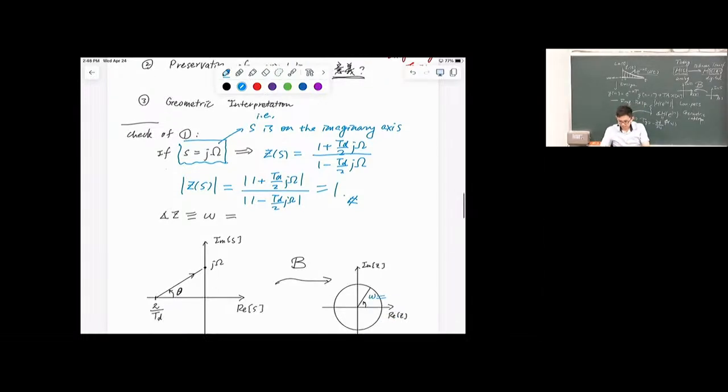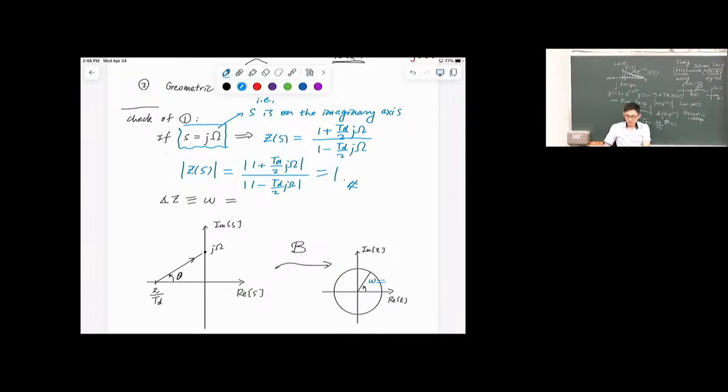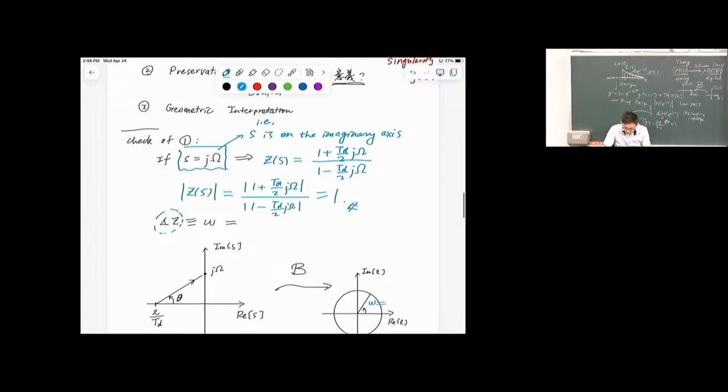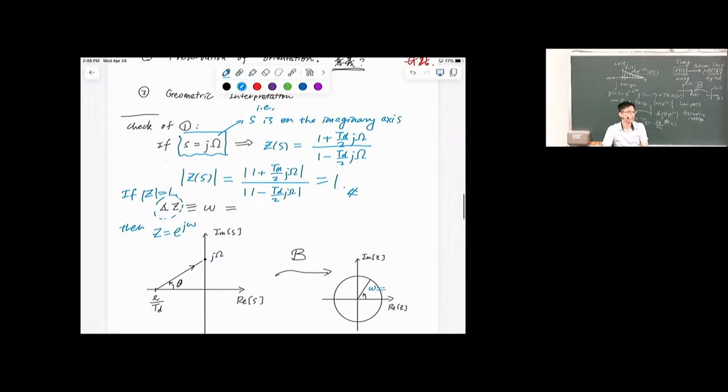But more interestingly, we care about the angle, the phase of Z. If the magnitude of Z is 1, then we can say Z is e to the j omega, where omega represents the digital frequency after we migrate to the digital world.